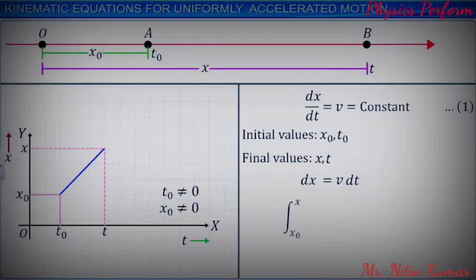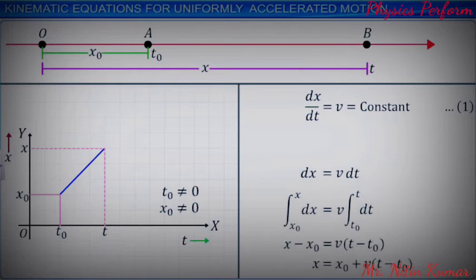Integrating both sides, we get integral x naught to x dx equal to v into integral t naught to t dt. We get x minus x naught is equal to v into t minus t naught. On transposing, we get x equal to x naught plus v into t minus t naught.